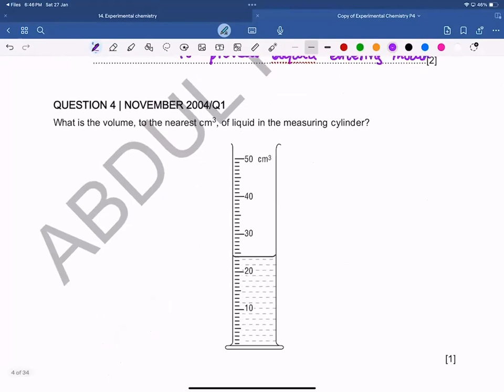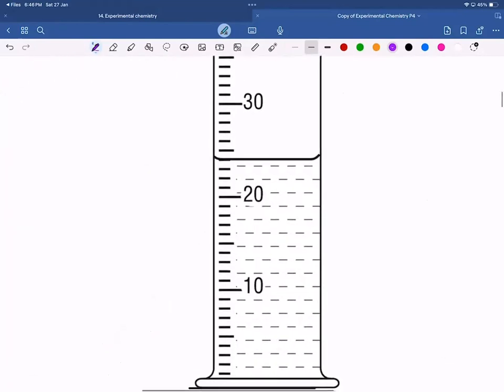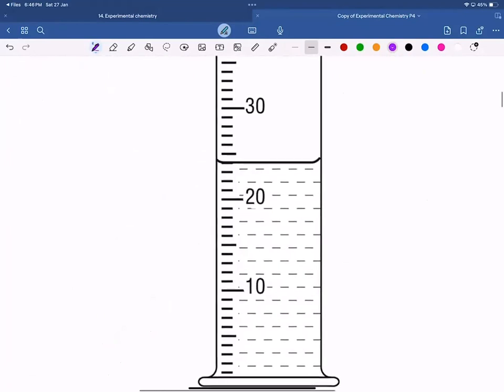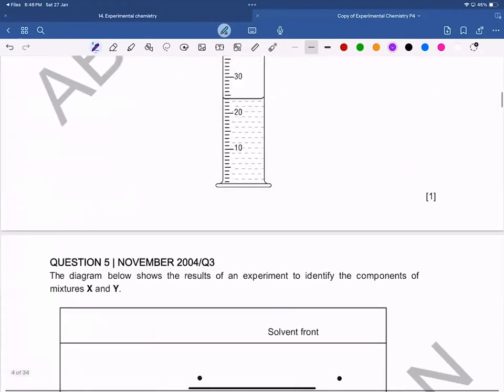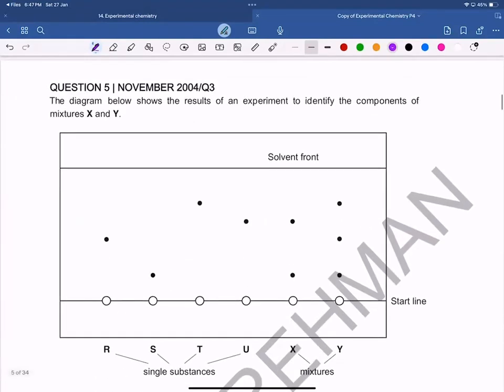Okay. What is the volume to the nearest centimeter cube of the liquid in this measuring cylinder? 24. Now see this. That is the result of the chromatography.